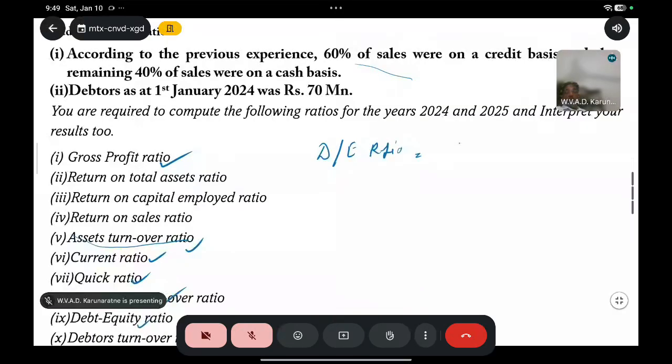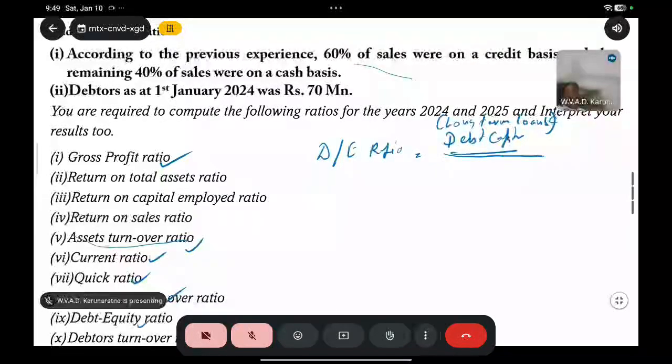Right, so how to calculate? The debt capital, that is loan capital, long term loan. Debt means long term loan capital, right? Long term loans.